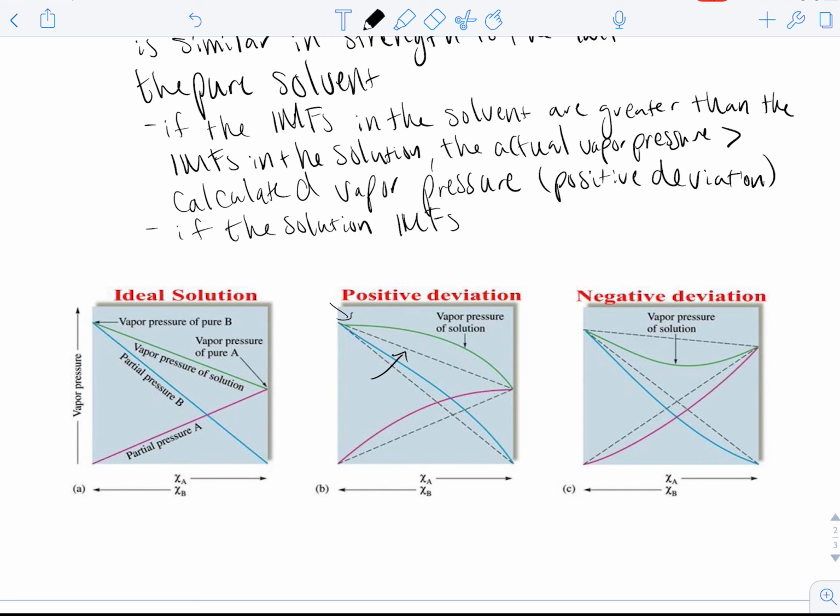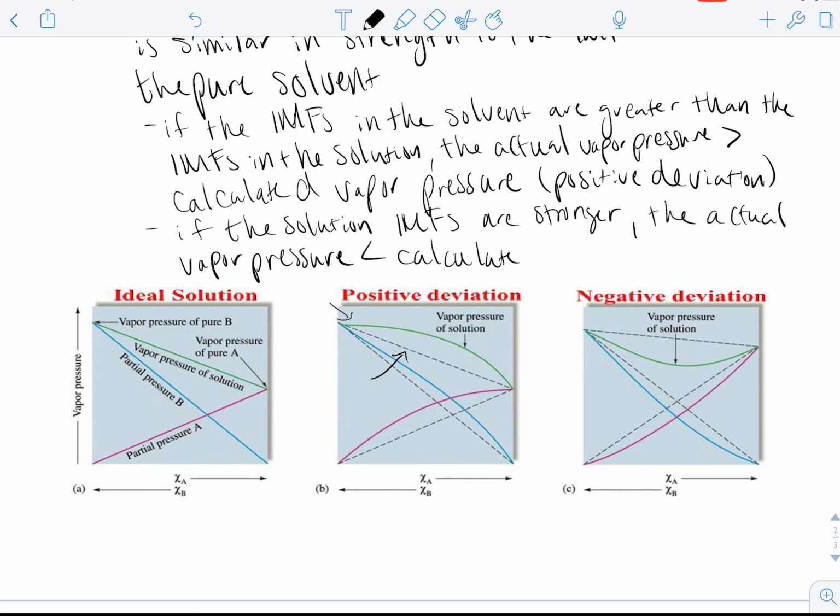So if the solution intermolecular forces are stronger, the actual vapor pressure will be less than the calculated vapor pressure, and we call that a negative deviation. And that's what we see down here, where we have a vapor pressure that is less than what Raoult's law is going to calculate for us.